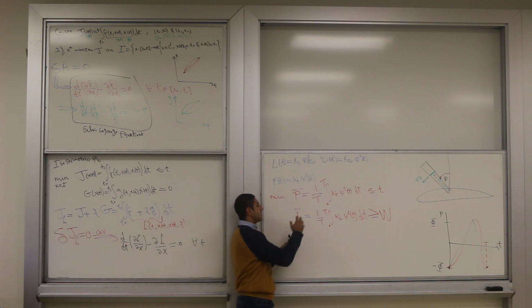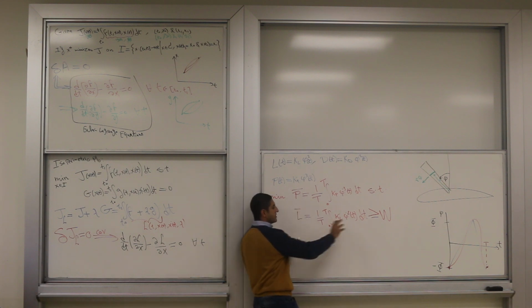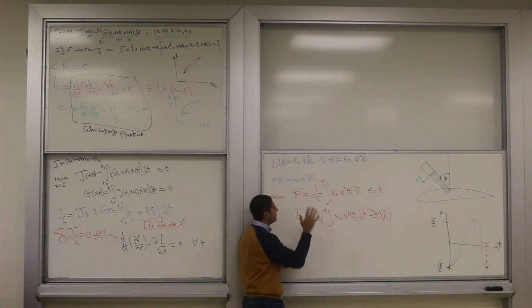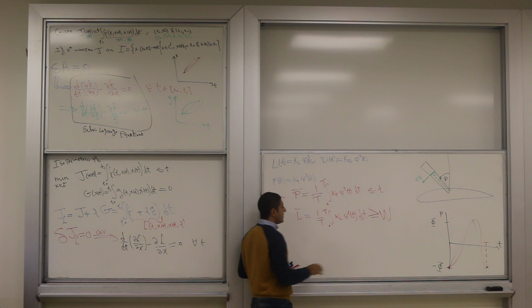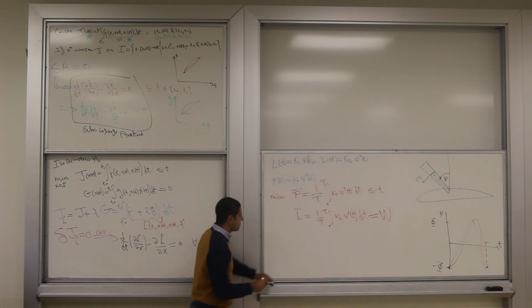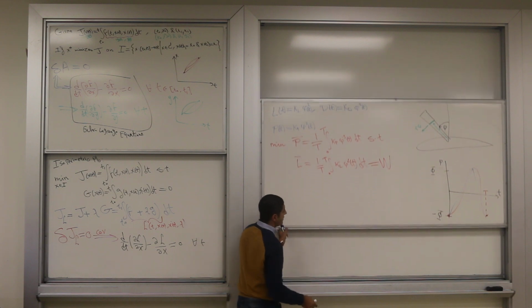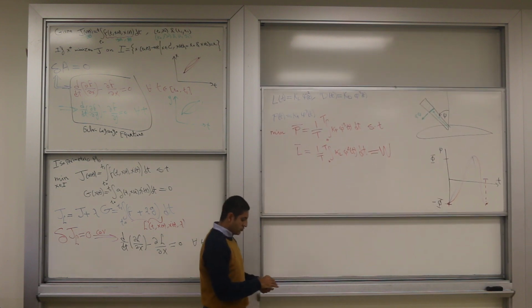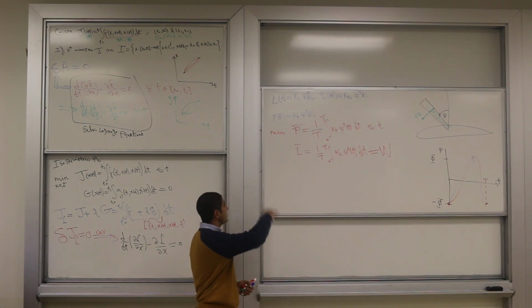The best I can do is the equality constraint. If I want to generate extra lift, for sure I will pay more power, right? So understanding these things will help you treat your problem easily.